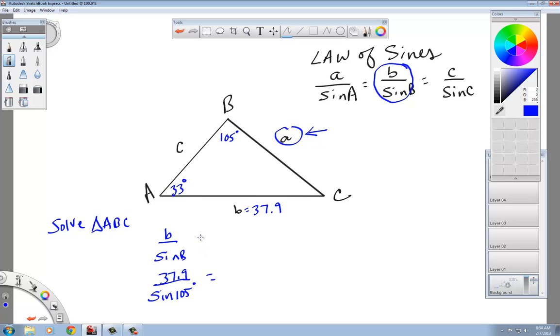And I let that equal, and up here I'm putting the formula of what I'm going to be using, and down here I'll put the actual problem. I'm going to let this equal a over sine A. We're going to solve for little a, so that's going to be little a. And we know that capital A is going to be 33 degrees, so that's going to be sine of 33 degrees.